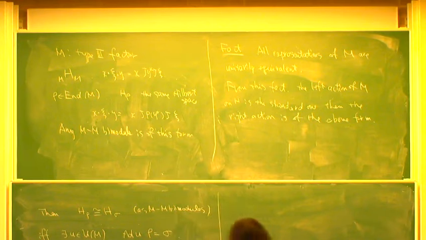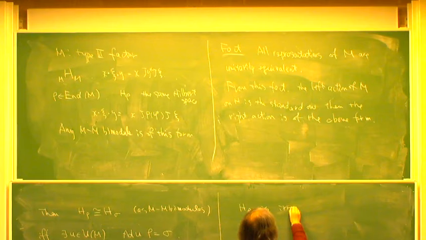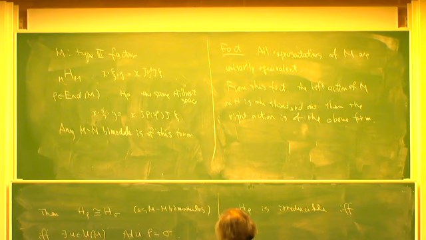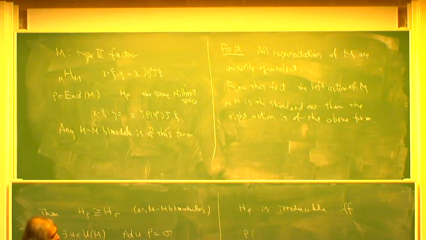Then a bimodule is irreducible in the sense that we do not have a direct sum decomposition of an MM bimodule. It is irreducible if and only if we have only trivial intertwiners, that is, trivial bimodule homomorphisms.